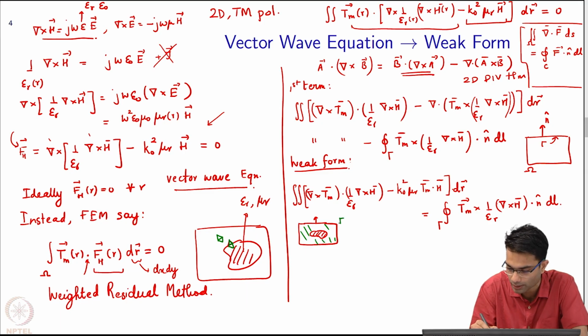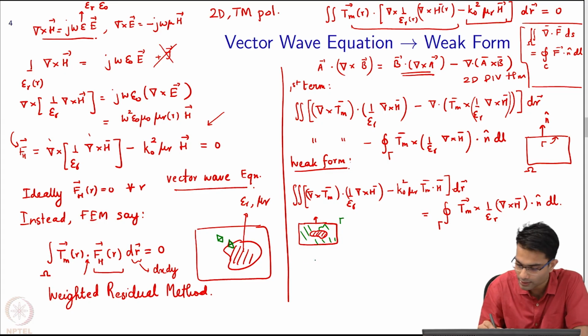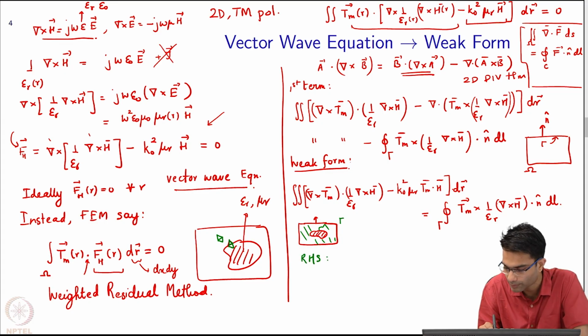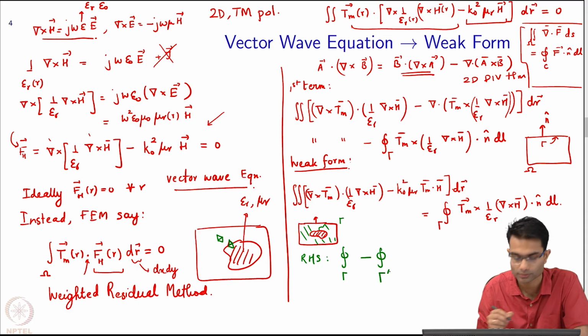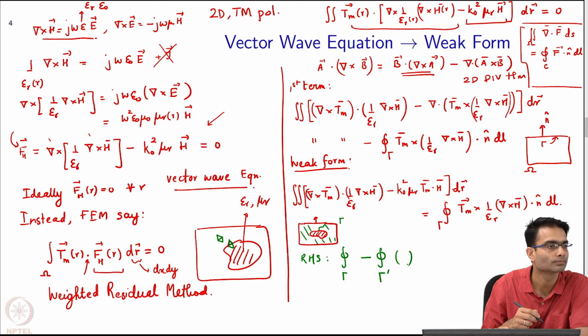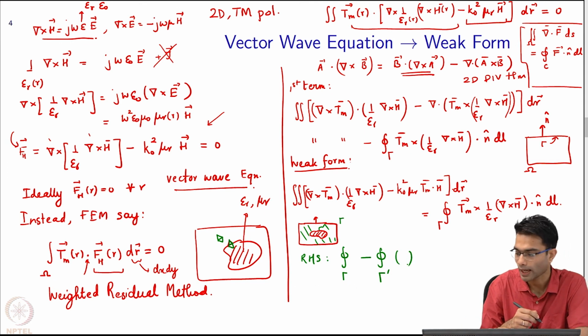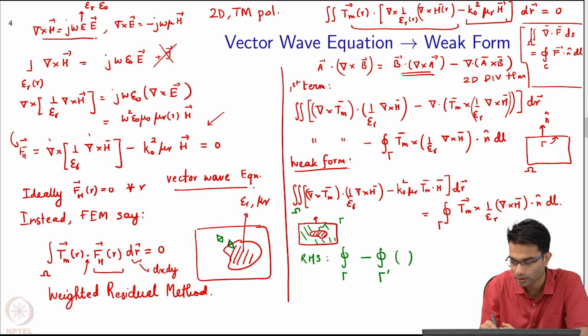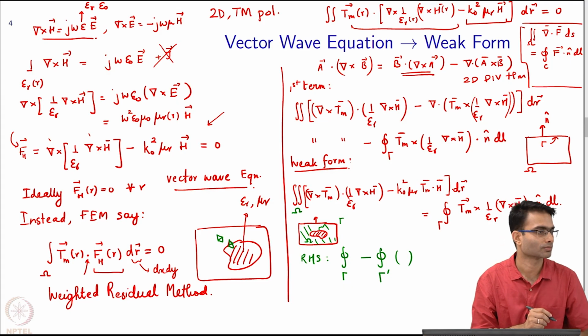right. So if I call this gamma and I call this gamma dash, in that case the RHS will become an integral over gamma minus an integral over gamma dash, and the expression remains the same, okay. And the region gamma here will exclude this hash region, right.